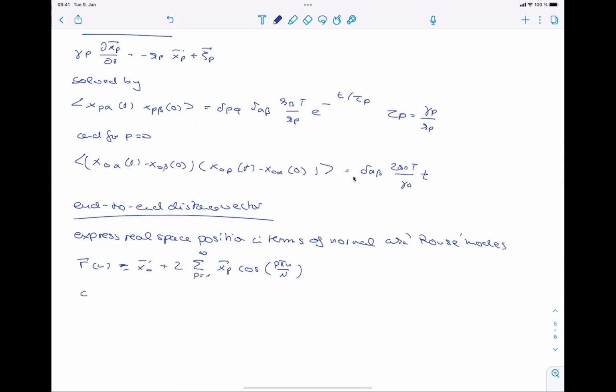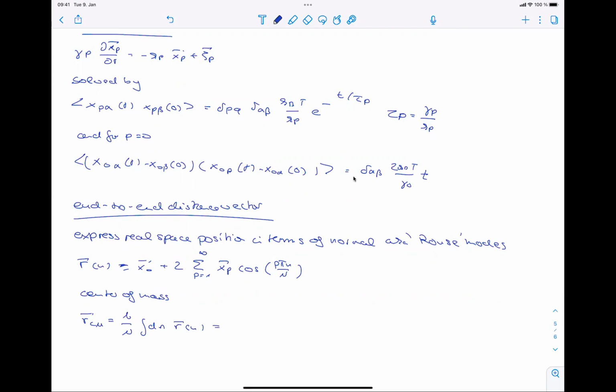And revisit the center of mass dynamics, for example. That would be integrating over all these positions.